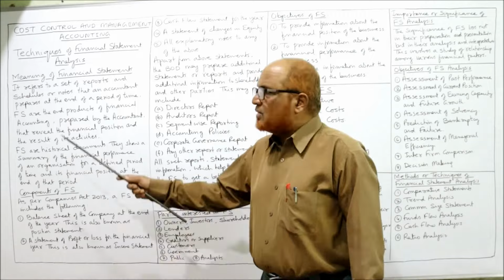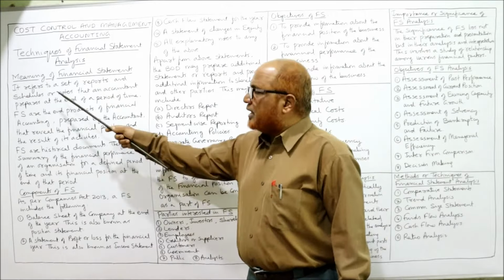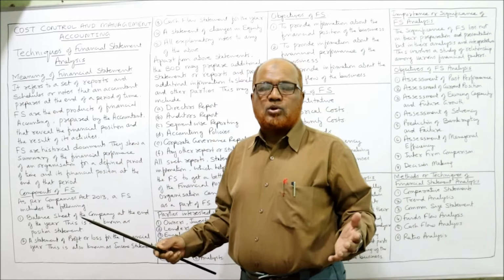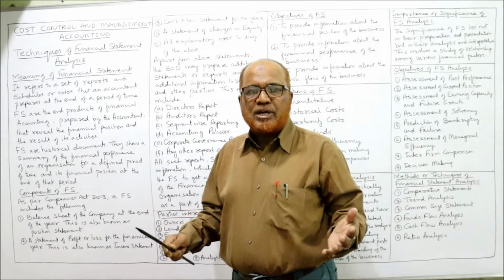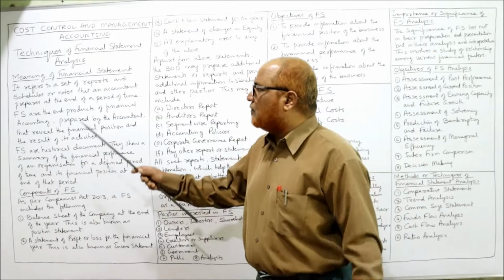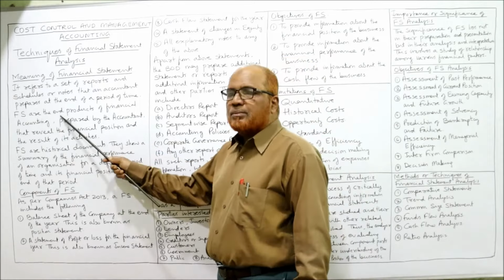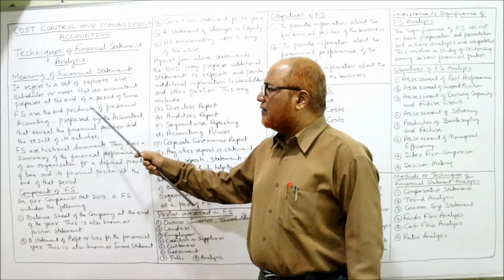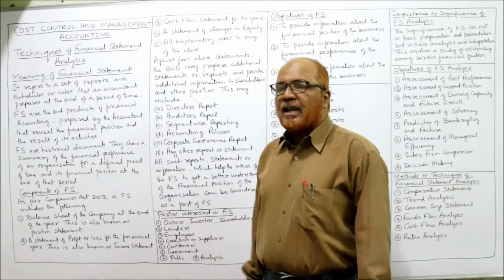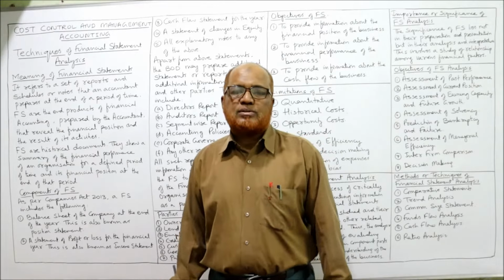Here I have written that it refers to a set of reports, schedules or notes. Any type of report, notes, schedules which are prepared by the accountant at the end of the financial year. So financial statements are the end products of financial accounting, prepared by the accountant, that reveal the financial position and the result of the operations.